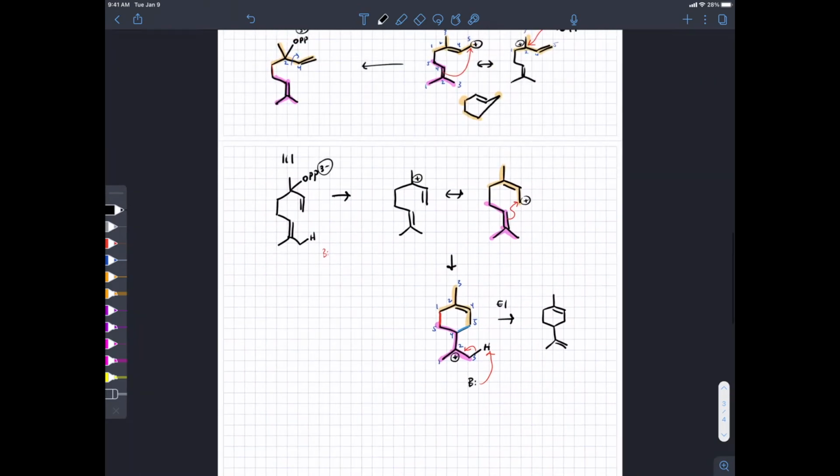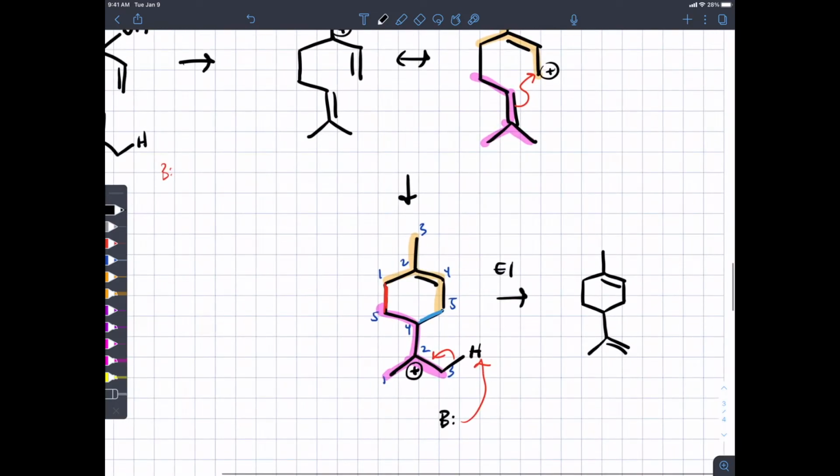All right? Yes? Why wouldn't it form the more substituted alkene? That is a great question. And what is the answer to that? I don't know. You're absolutely right that this is an anti-Markovnikov step.